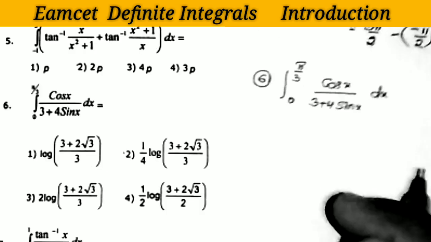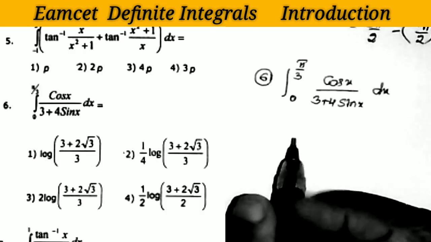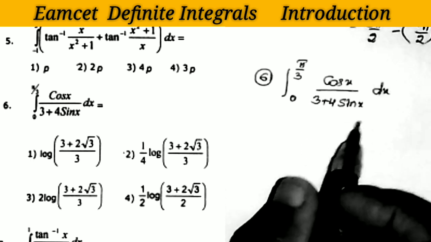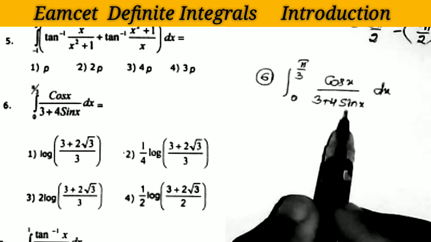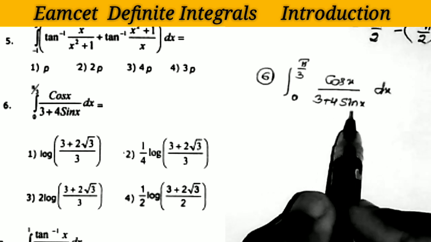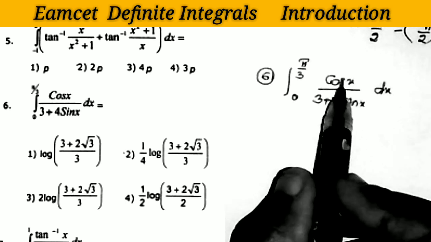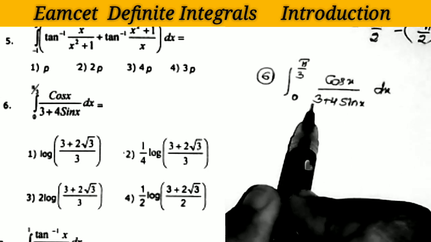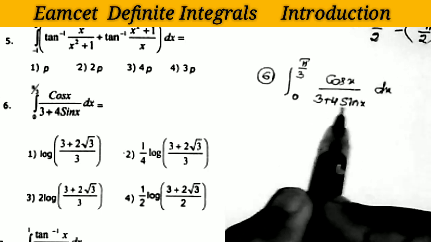Okay. Next problem, sum number 6: integral from 0 to pi by 3 of cos x by (3 plus 4 sin x) into dx. To find the integration, see here, the derivative of sin x is cos x. What is the derivative of 3 plus 4 sin x? The derivative of 3 is 0, and the derivative of 4 sin x is 4 cos x.